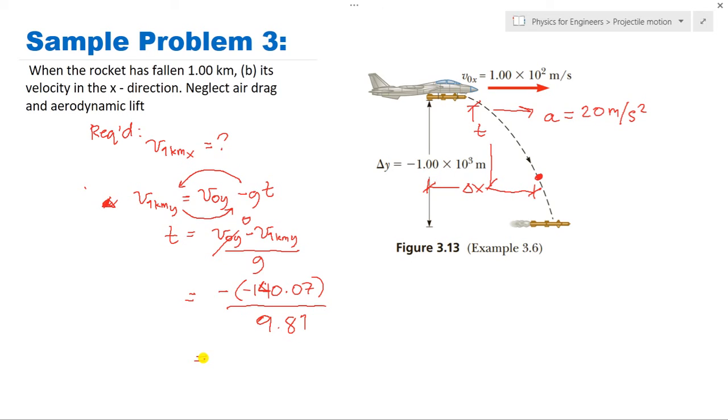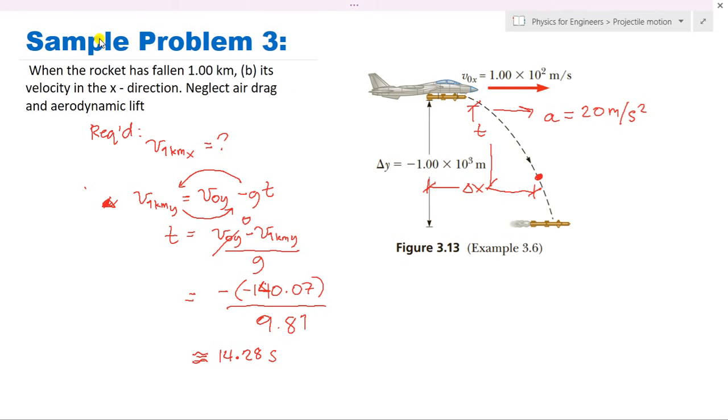That is approximately equal to 14.28 seconds. So ayun. In 14.28 seconds, nakaabot na siya sa 1 kilometer. So it has already fallen a 1 kilometer distance. Take note natin, yung time pala is 14.28.